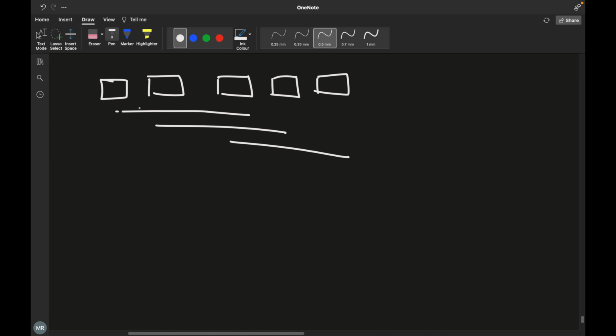This is the same thing as leaving. So choosing 3 boxes is the same as leaving 2 boxes.